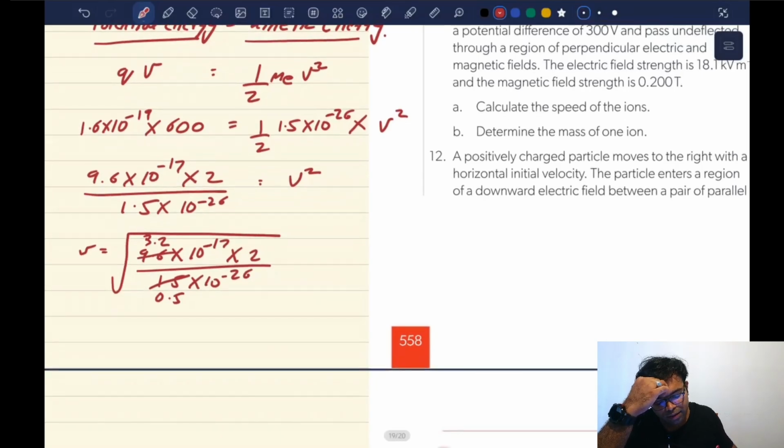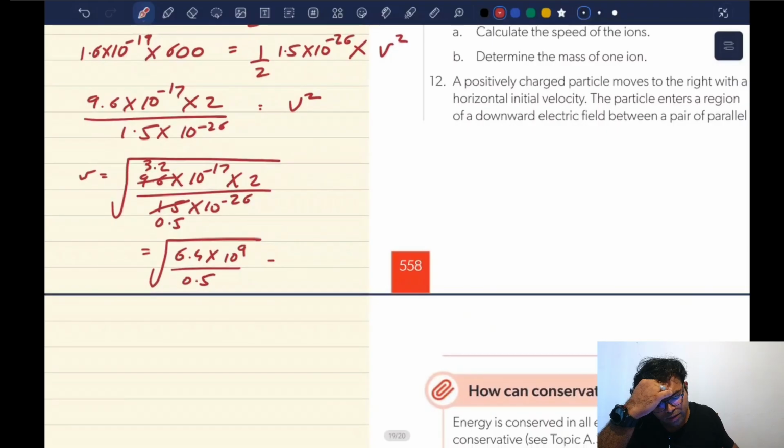This is equal to root under 6.4 into 10 to the power of -17 plus 26, which is 10 to the power 9, upon 0.5, which is equal to root under 64 upon 5 into 10 to the power of 9.